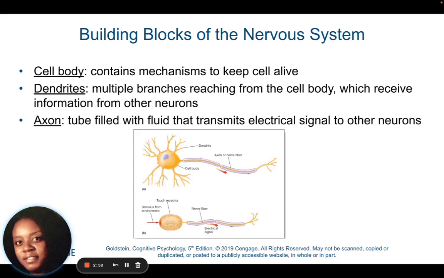The dendrites are those tree-like branches that take information in to the cell body, or soma, and then the soma sends the message down the axon, which is that long tube-like part of the neuron. When the information is sent down the axon, it is transmitted through the terminal buttons to other neurons. So that is the basic building block of the nervous system. Our brain is composed of billions of these neurons that help us function.